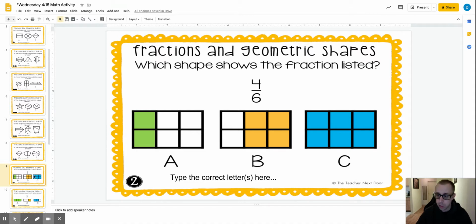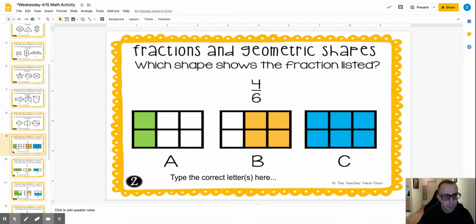So now we need to look at the numerator, and we are looking for the shape that has 4 of the 6 parts shaded. We're just going to type in the answer for the shape here, the rectangle that has 4 out of 6. We can say it as 4 out of 6 or 4/6, which is 4/6 shaded.